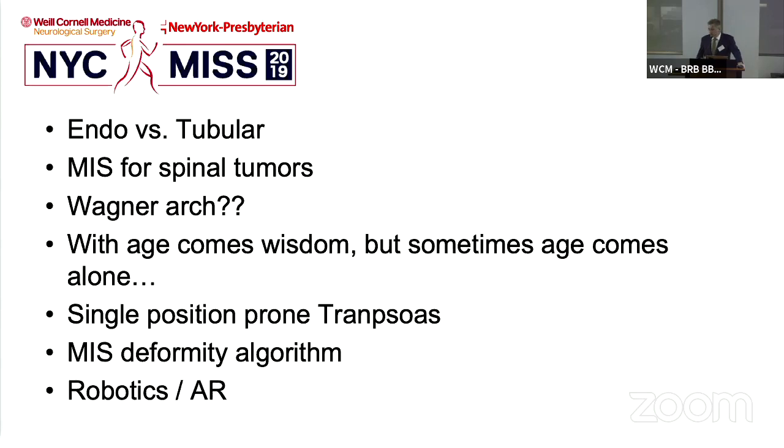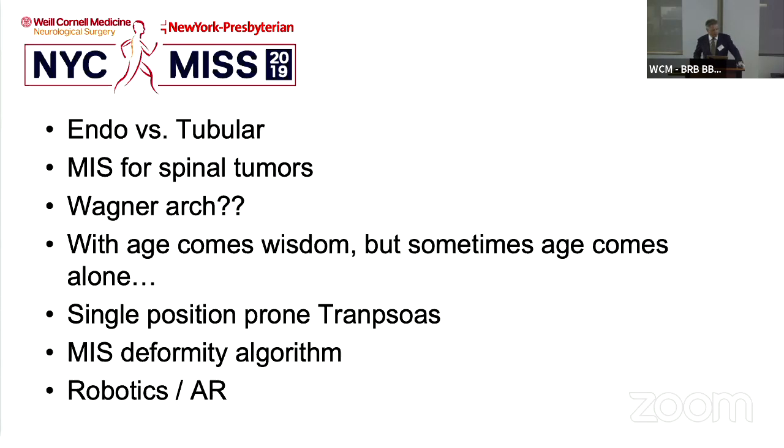But basically, we heard a lot about endoscopic versus tubular surgery. I think the verdict is still out. Which one is better, or is it just really a stepping stone towards more complicated and complex procedures? And is that the real value of engaging in endoscopic surgery, which I think it probably is. And we had a nice presentation about spinal tumors.